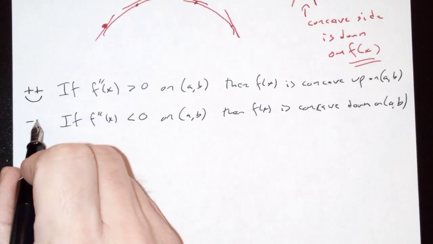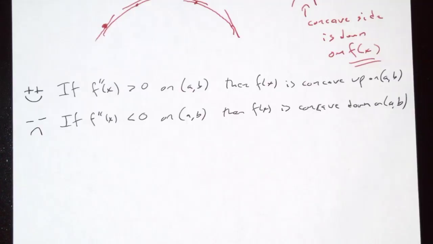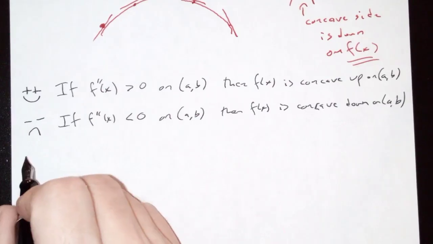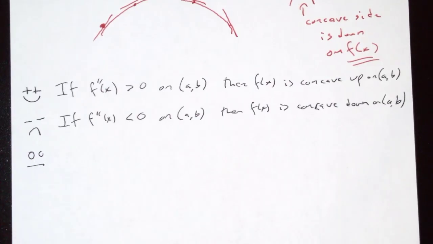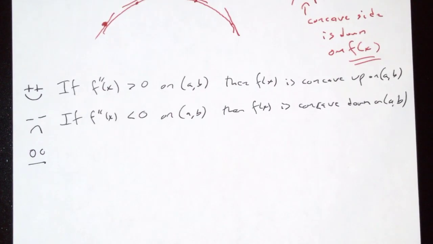If my second derivative is negative, I'm concave down. I get a smile and a frown. I learned that way long ago. By the way, if your second derivative is 0, you're flat. Those stupid little smiley faces have been stuck in my head for decades.